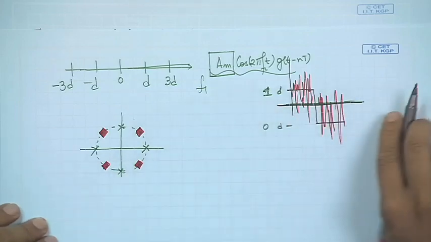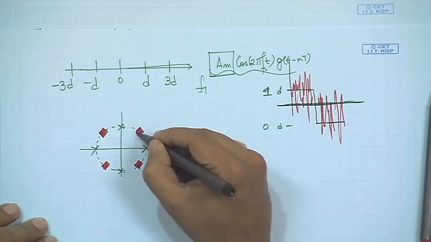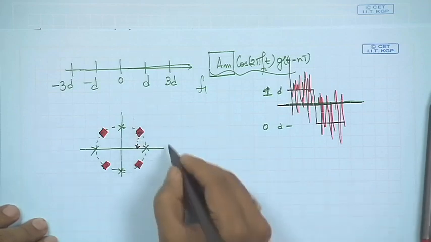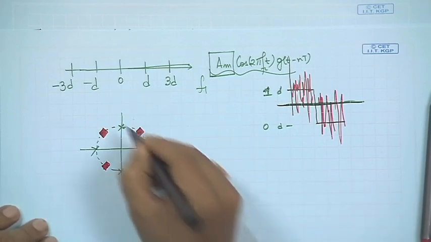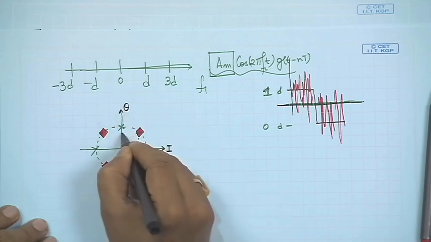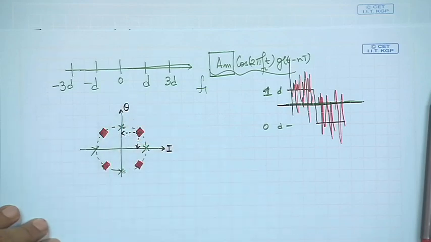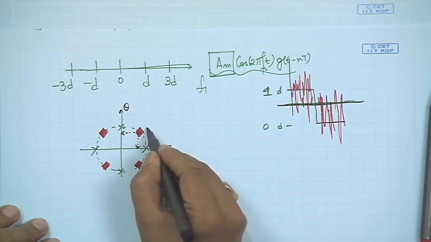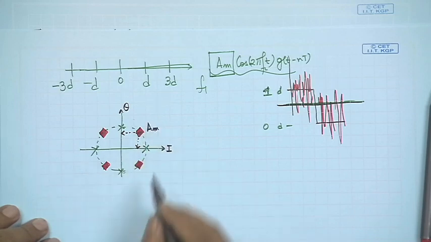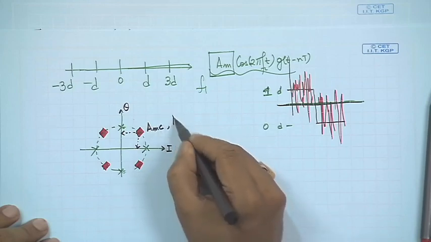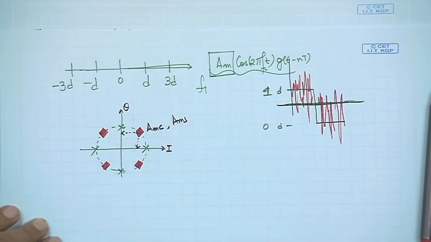However, each signal has a component on the I channel and another component on the Q channel, and this location could be represented by an amplitude on the cosine and an amplitude on the sine.